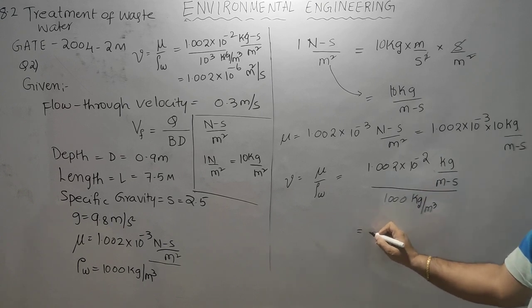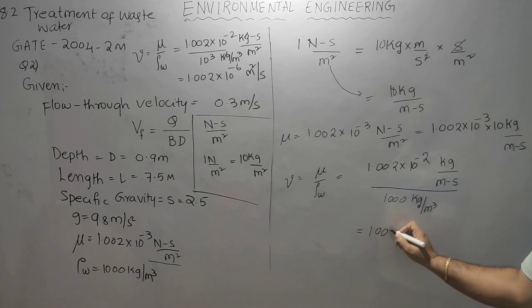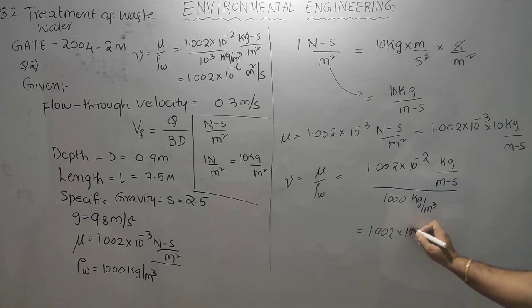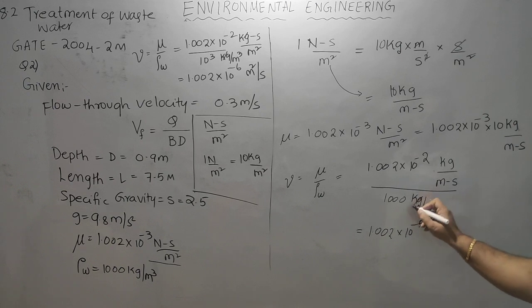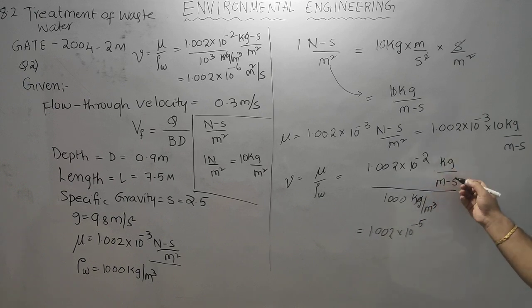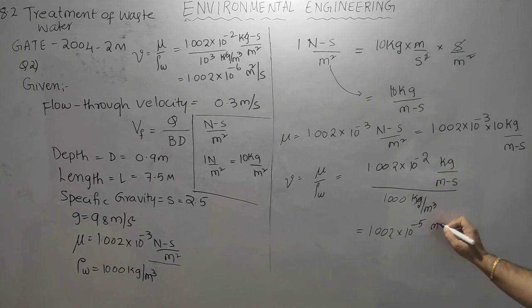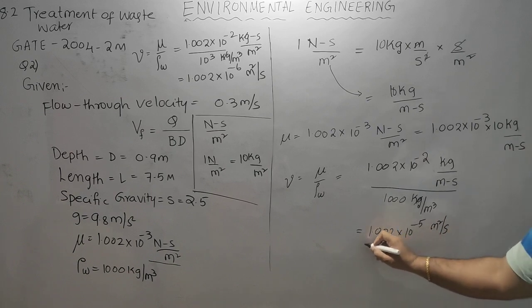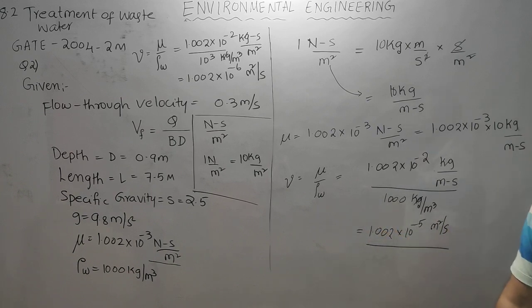So this comes around 1.002 into 10 to the power of minus 5. The kg gets cancelled, and it becomes meter square per second. This is the value of nu which we need to substitute in the solution.